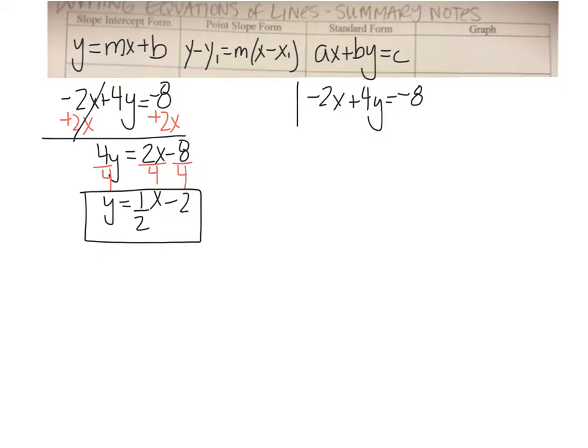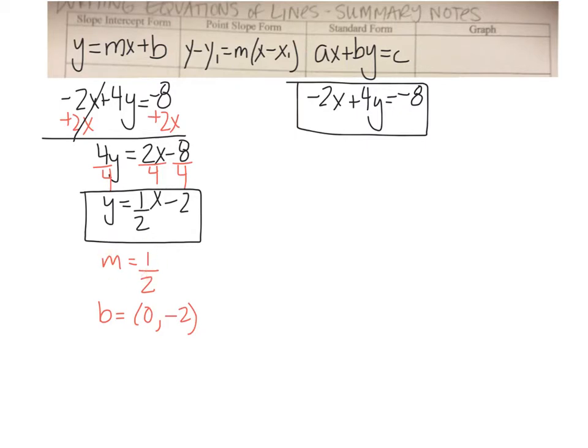So far I was given my standard form and I found my slope-intercept form, and now I need to find my point-slope form. So I know from my slope-intercept form that my slope is 1 over 2 and that my y-intercept is 0, negative 2. So I have a point and my slope.